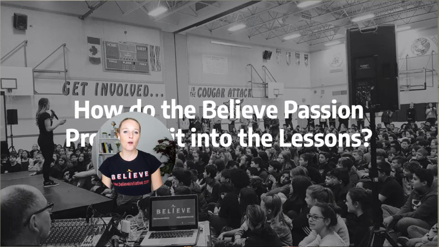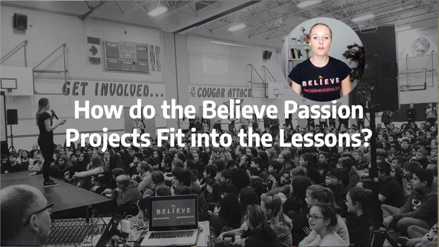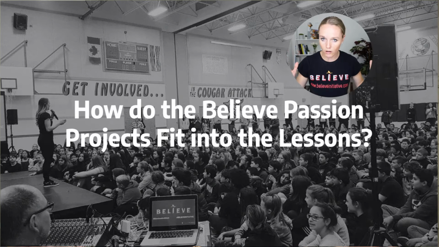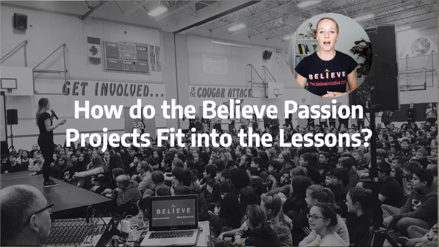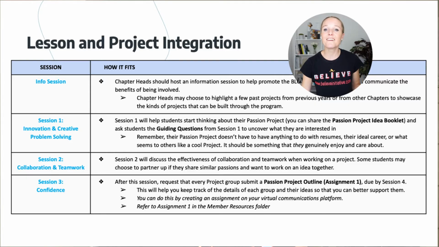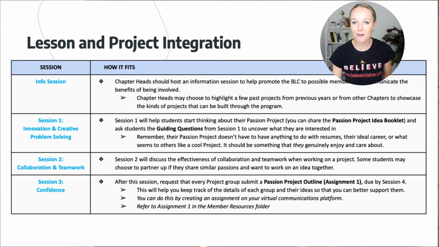And in terms of how you're going to incorporate that into the lessons themselves, because as you know, there's a 10-step process that you will walk all of your chapter members through. The first one, your chapter members are just coming to an info session where they're just learning about what the program is about and why they should join.